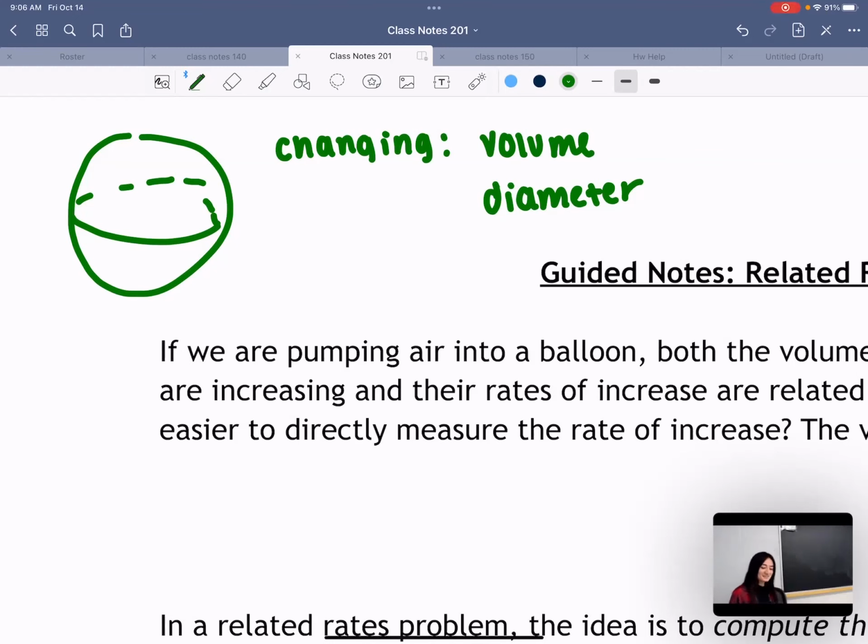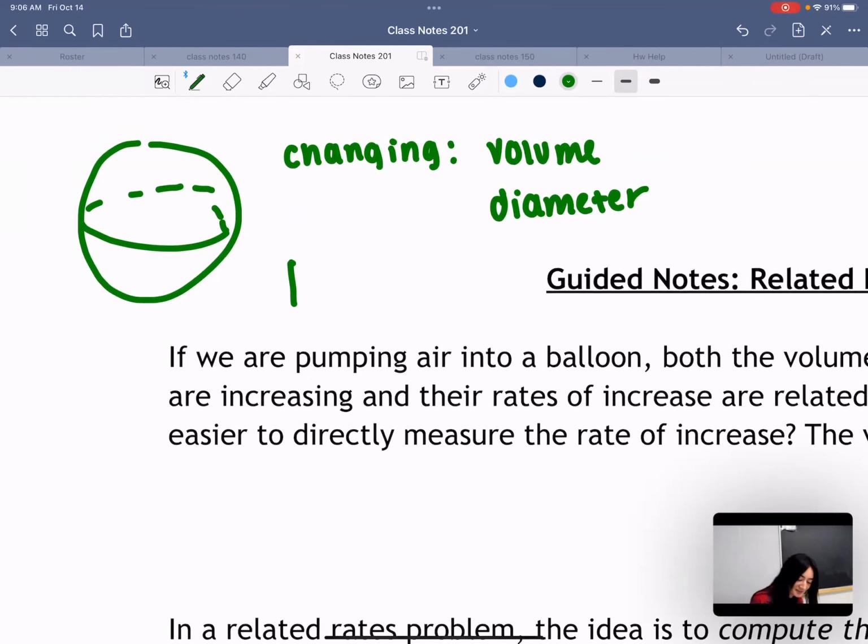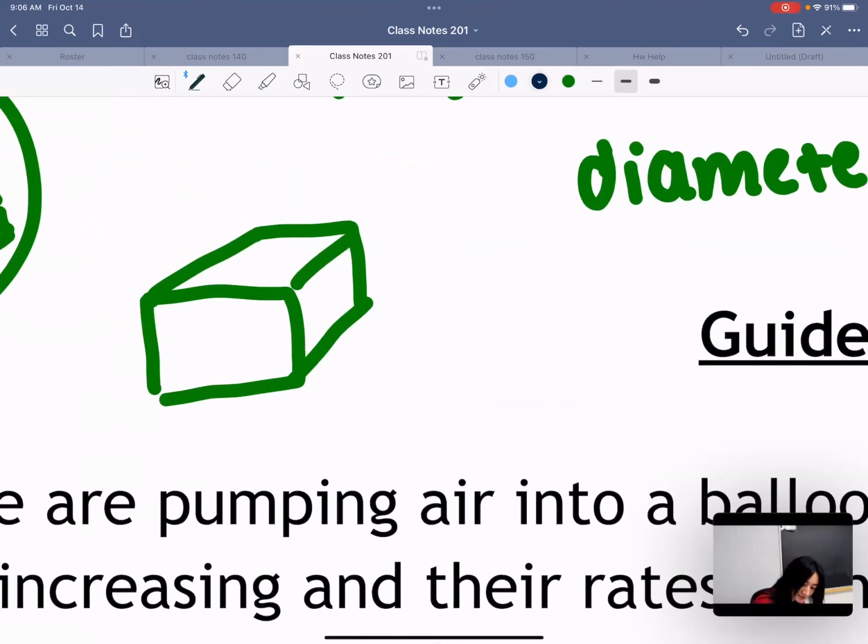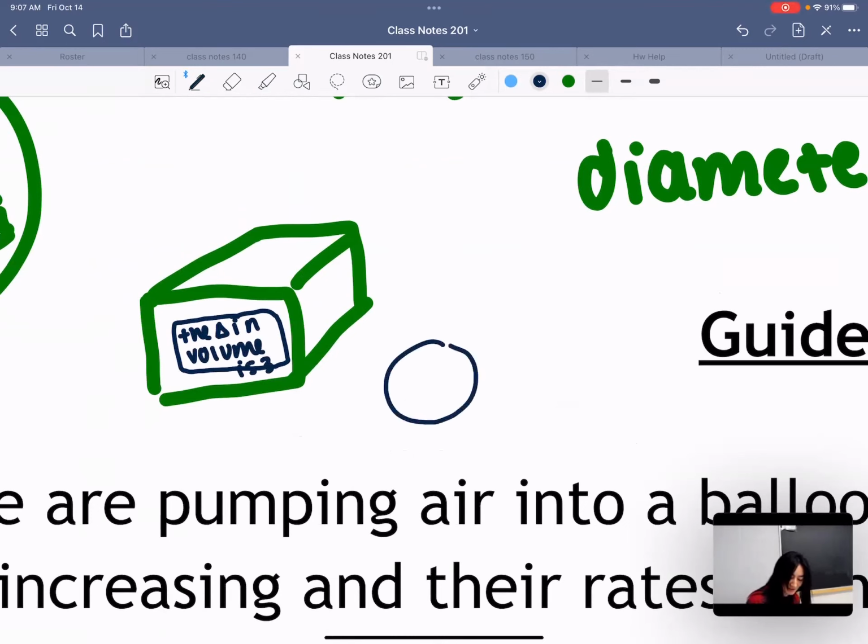Okay, let's assume. Let me draw the little air pump here. There we go. Here, and if we zoom in here, there's a little screen on it, and it's like the change in volume is 3, and then we got Jude here looking at it.